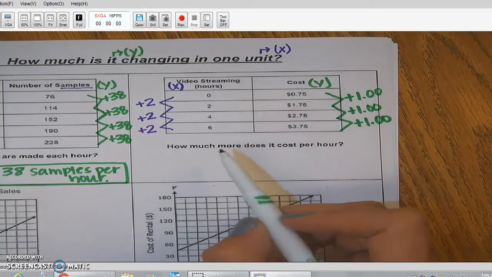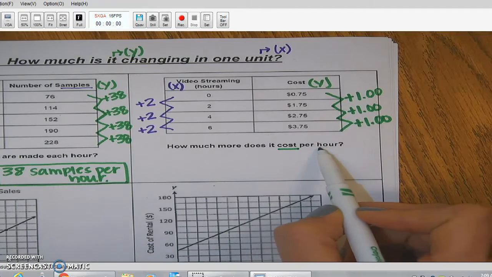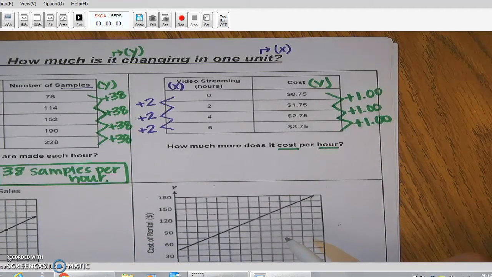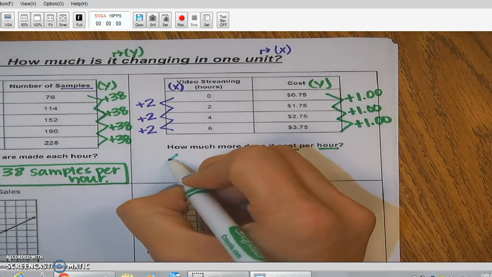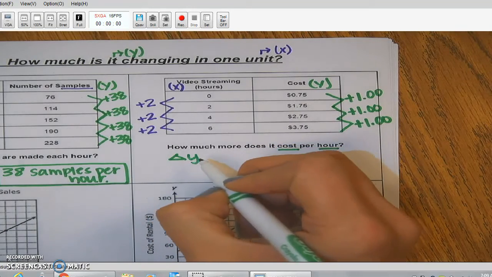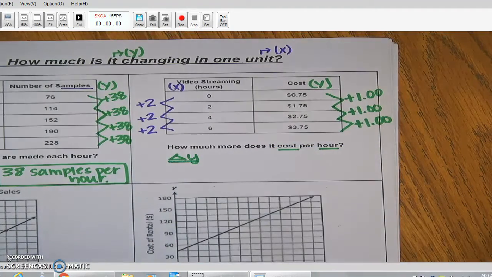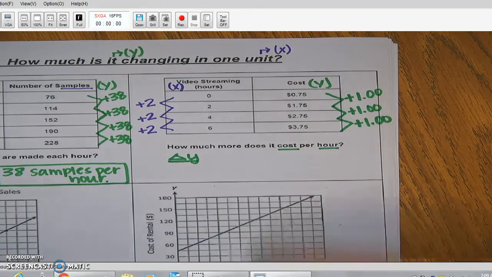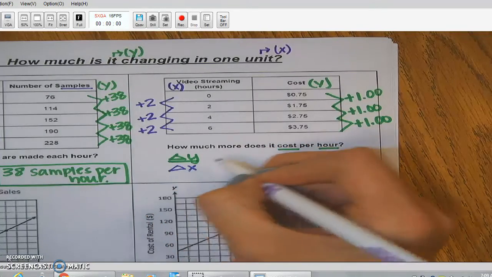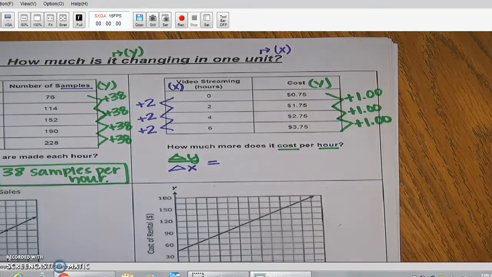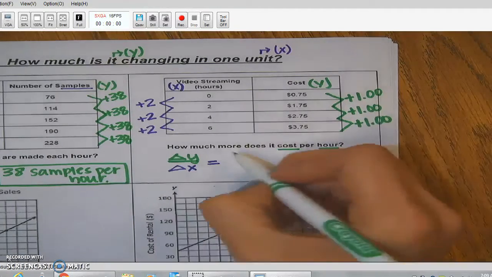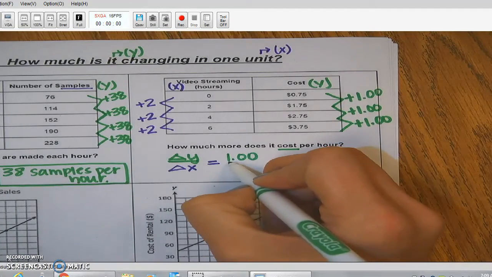So if I want to know what is the cost per hour, that means for 1 hour, again, I'm going to write how much did y increase by over how much did x increase by. Okay, my change in my y value every time was $1, so that goes on top.